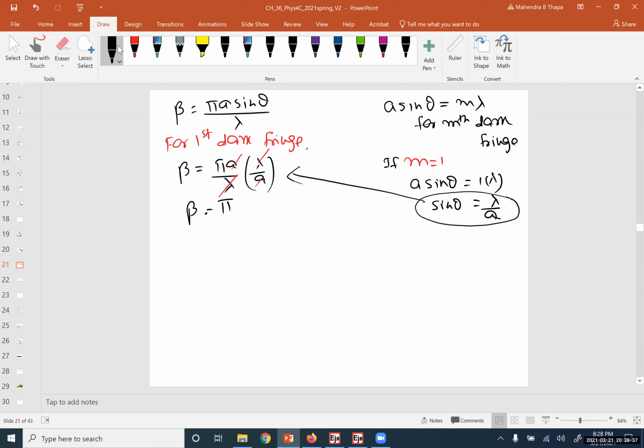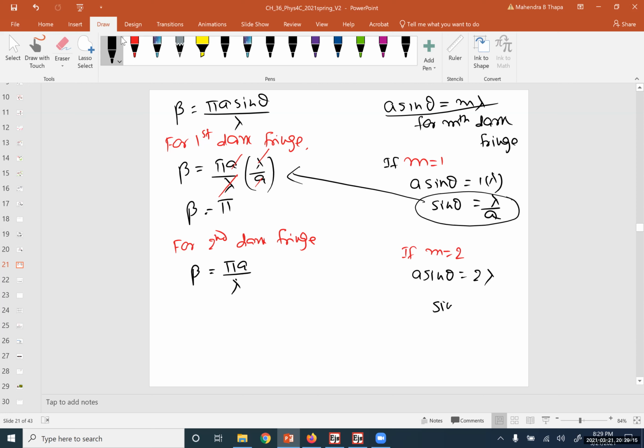Let's go for the other one. For the second dark fringe, we can write beta equals pi a times sine theta over lambda. We need to replace sine theta. If m is equal to 2, from this equation, a sine theta equals 2 times lambda.